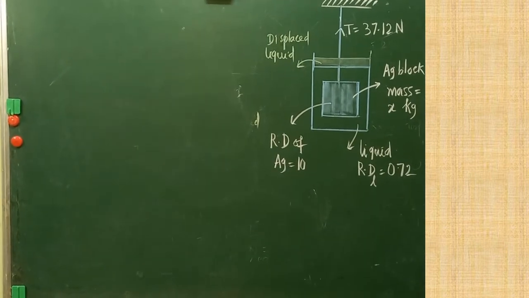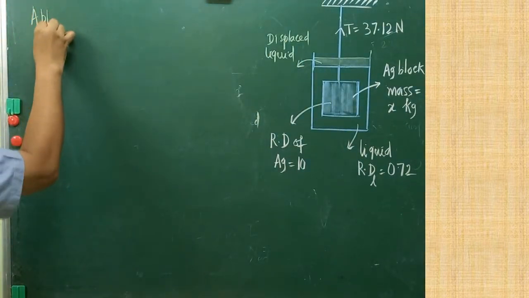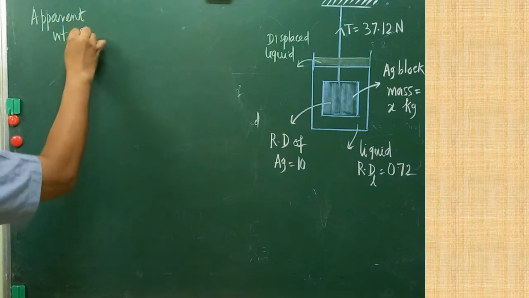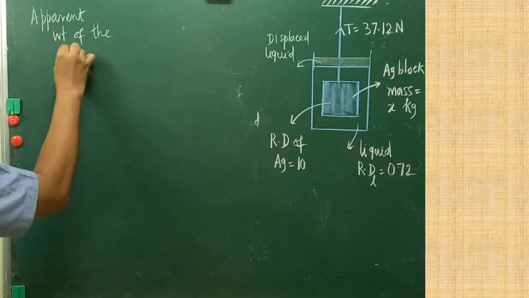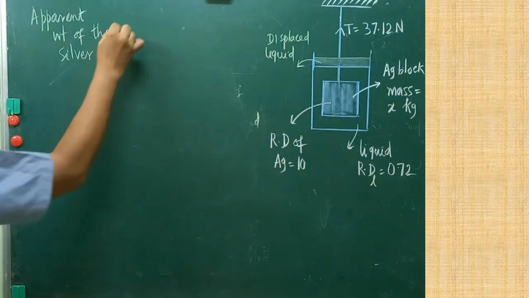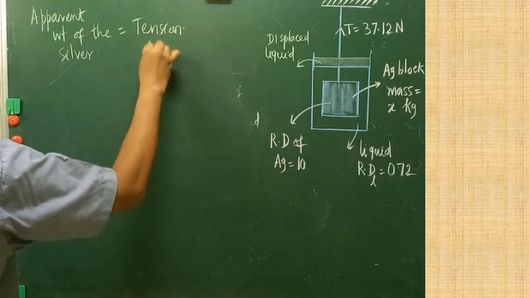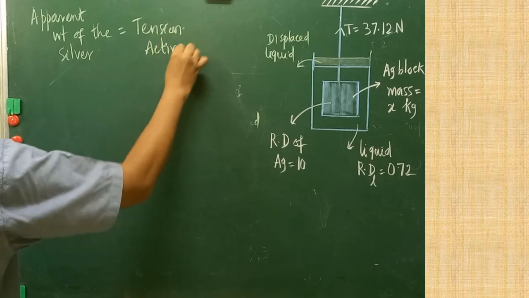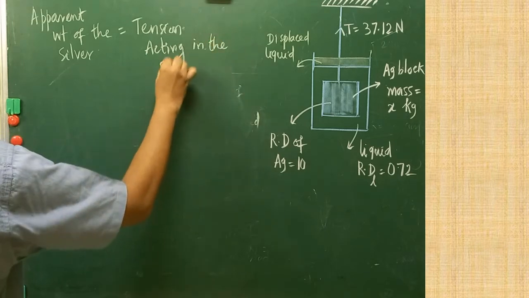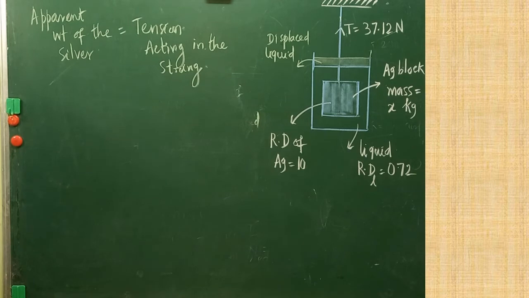Now this apparent weight of the silver, when it is immersed inside the liquid, is equal to the tension acting in the string. Both can be equated.